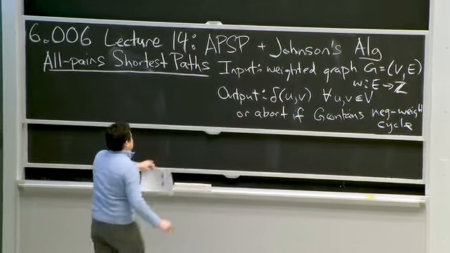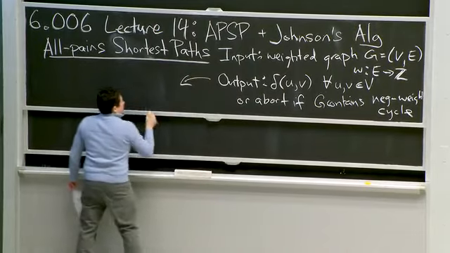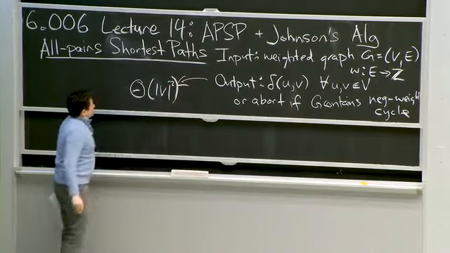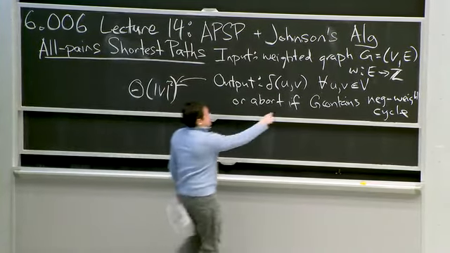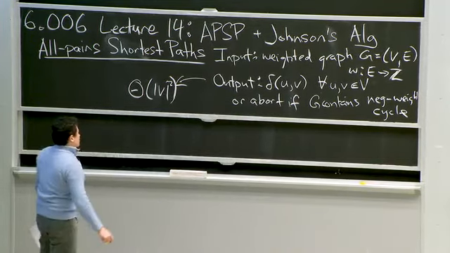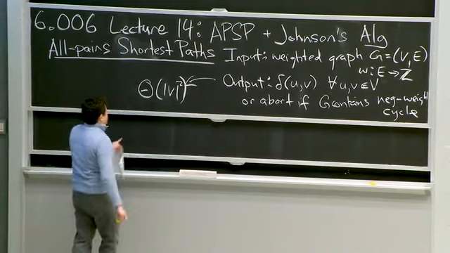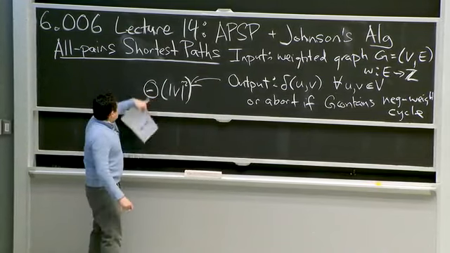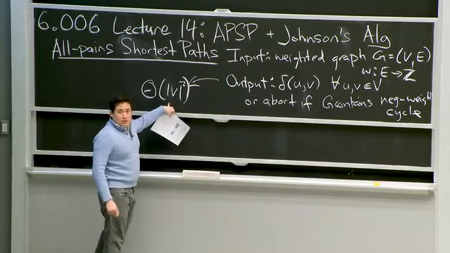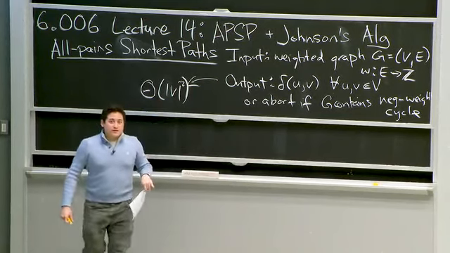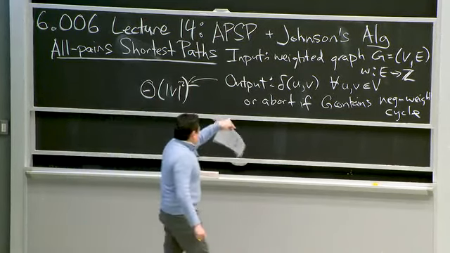Now, in particular, the output needs to have size theta of V squared, right? Because for every pair of vertices, I need to return to you a number, or infinity, or something like that. But we are not dealing with the case with minus infinity. The output does have size V squared, and in particular, it's at least V squared, because I need to give a number for each pair of vertices.